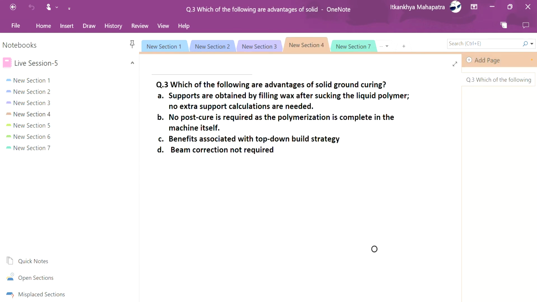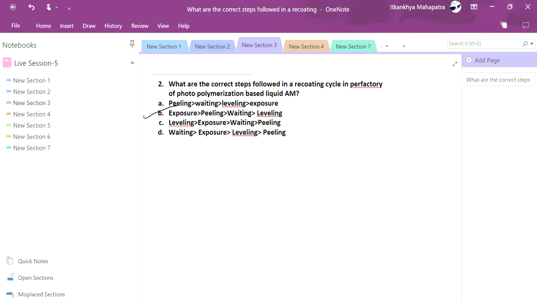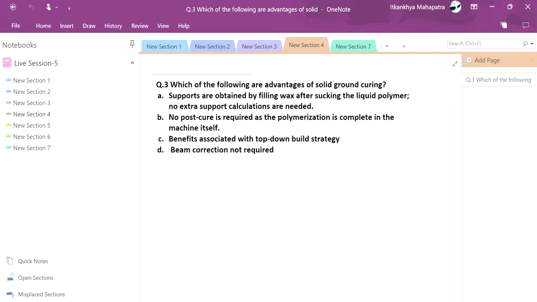Which of the following are advantages of the solid ground curing method? If anyone has the idea about the answer, you can please type or unmute yourself and speak.